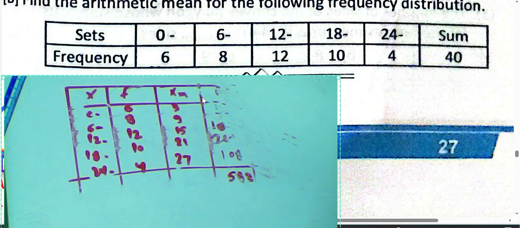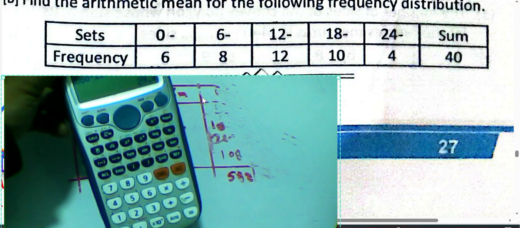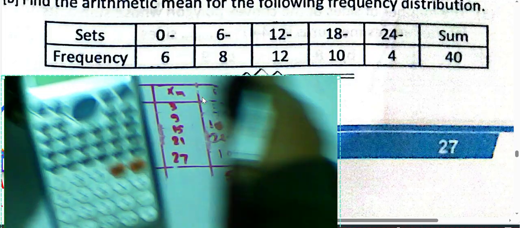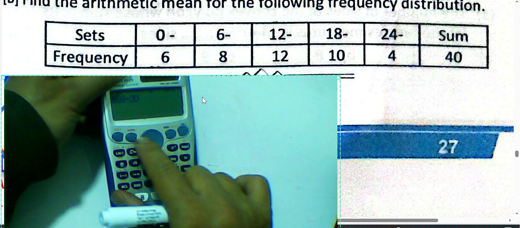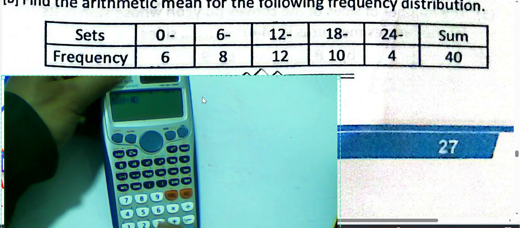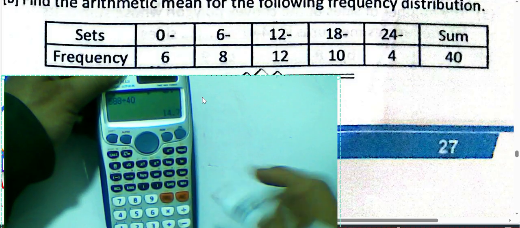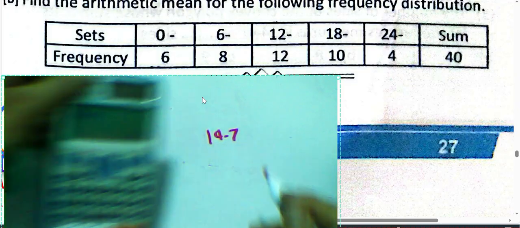Divided by 40, not 20, sorry, divided by 40. Divided by 40, my students. The summation is 40, not 20. Then the result will be 14.7.